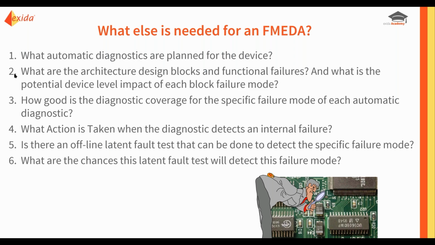We need to look at the architecture design and the functional blocks and the functional failures of each block. And we need to know, and this is exactly where we should be mapping those functional failures into the potential device level impact, safe, dangerous, annunciation, no effect, and so forth.